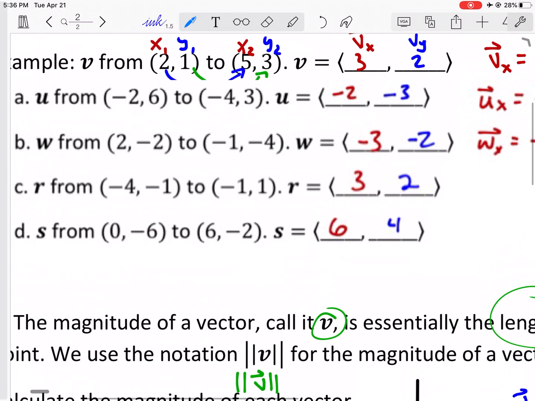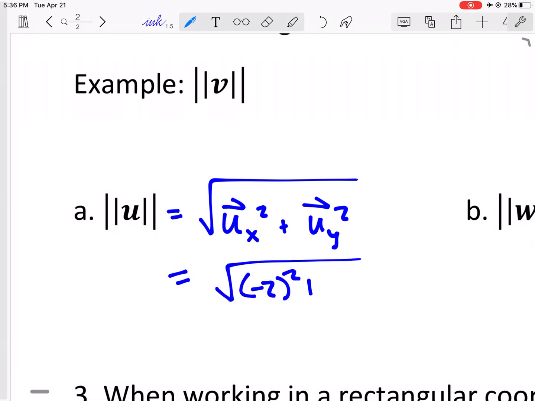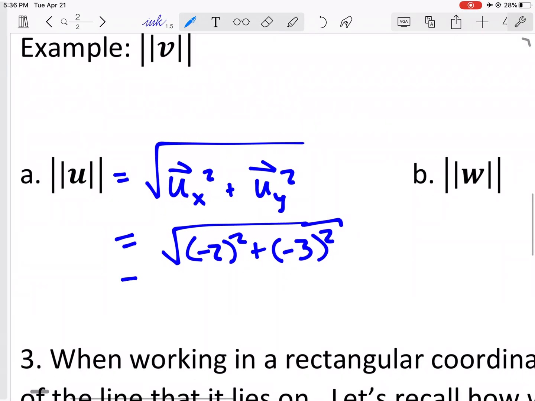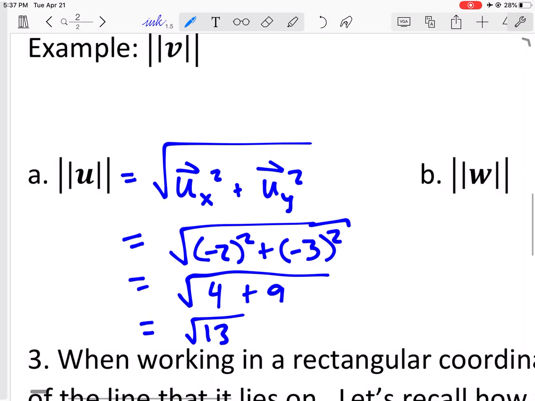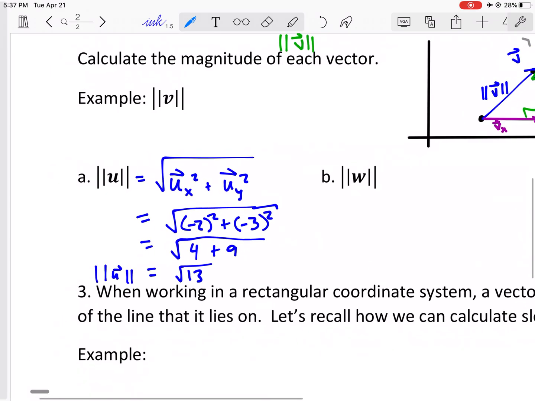So again, horizontal component is -2, vertical component is -3. So it should be the square root of -2 squared plus -3 squared. -2 squared is +4. -3 squared is 9. Add those together, and hey, the magnitude of u is also equal to the square root of 13.